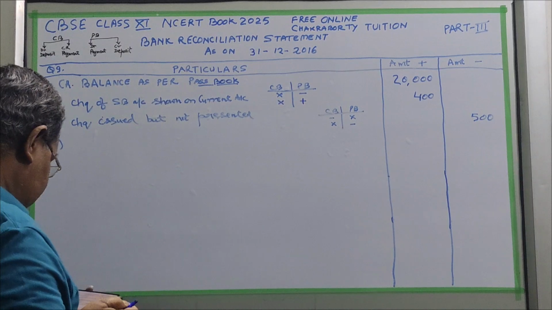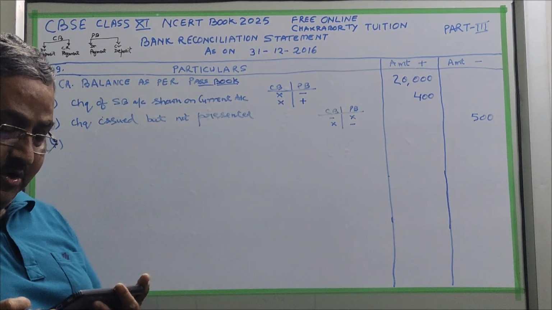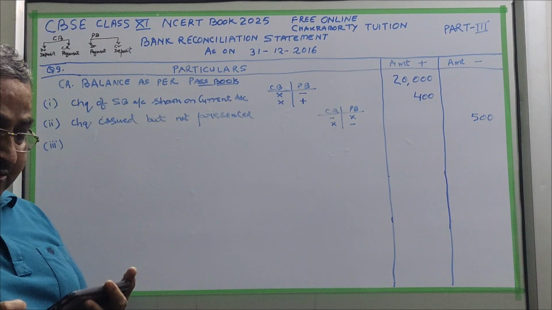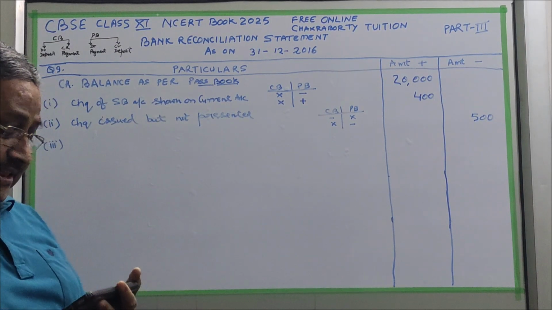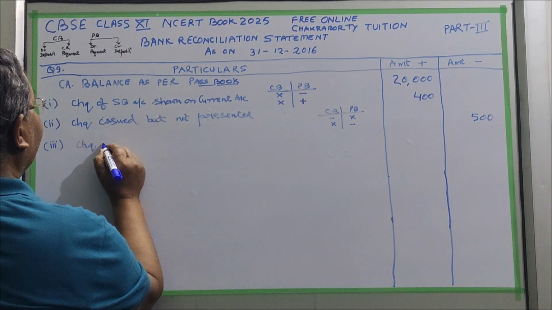Then the third entry. One check issued by Mr. Mohit of 500 on December 25 was not presented for payment, whereas it was recorded twice in the cash book.